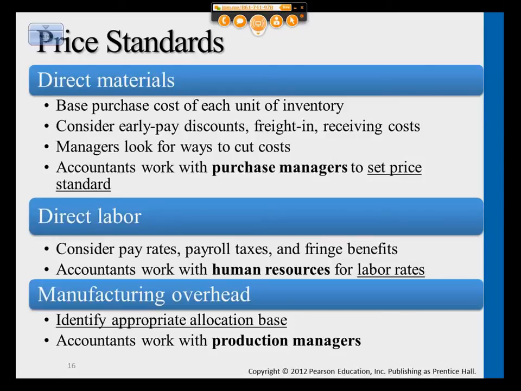All right, so what about direct labor? We'll consider our pay rates, payroll taxes, and fringe benefits, and our accountants are going to work together with human resources to determine labor rates. The last one is manufacturing overhead.